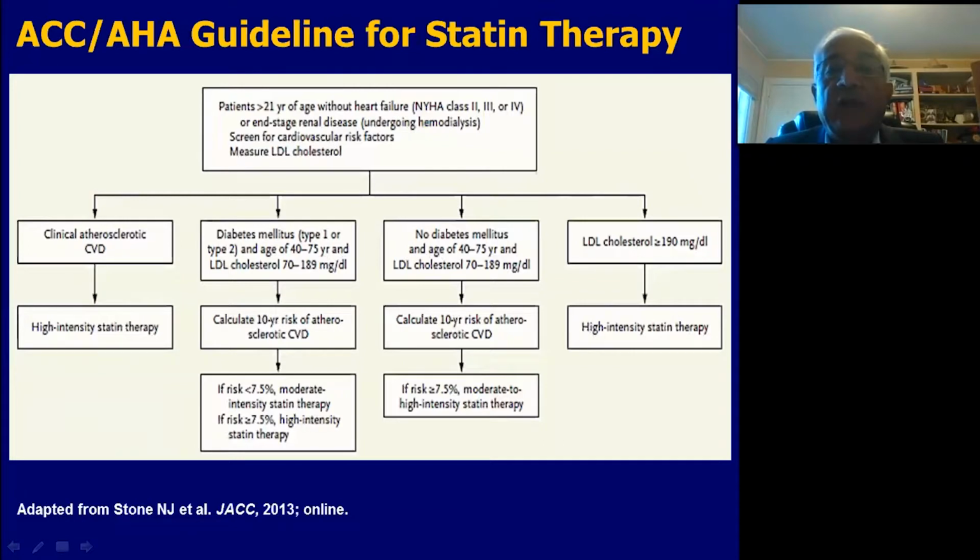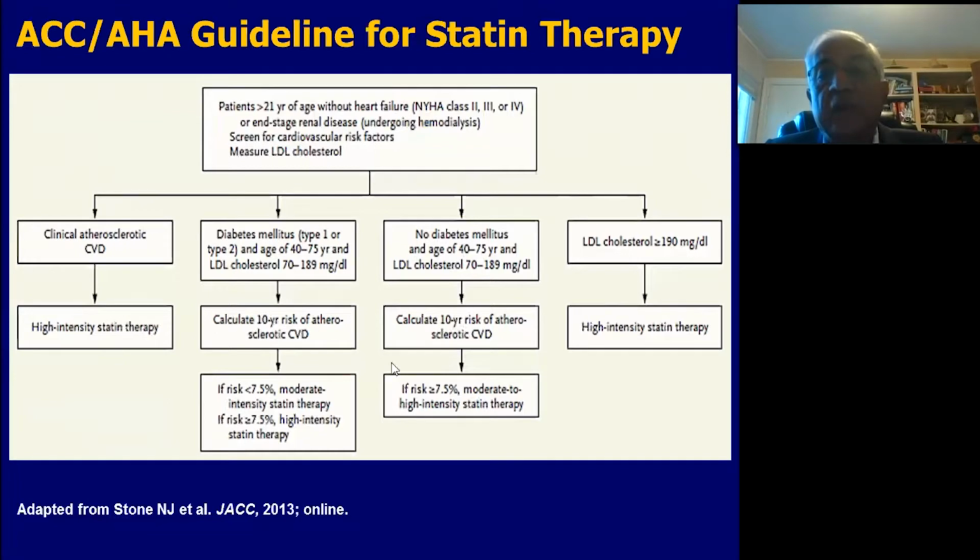On the right side is the group with no diabetes, and if these people are between the age of 40 and 75, and the LDL cholesterol is between 70 and 190, let's say 70 to 189, calculate the 10-year risk based on a new calculator that was brought out by the American Heart Association and ACC, which I'll show you in a second, which is better than the old Framingham heart disease risk calculator.